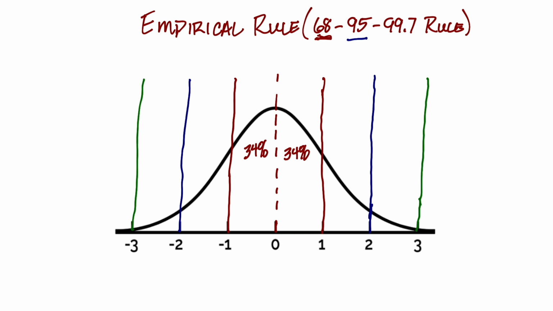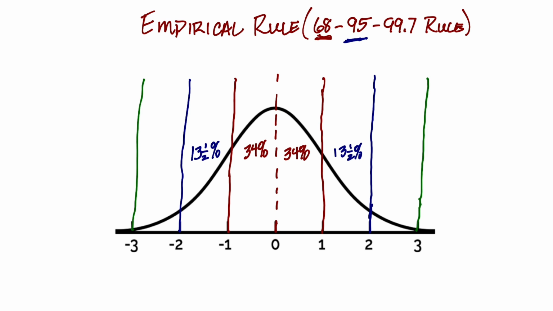And we could go a little bit further: 95 minus 68, well, that's 27. So that tells me that this area is about 13.5%. And since it's a symmetric curve, on the left-hand side over here we'd also have 13.5%.